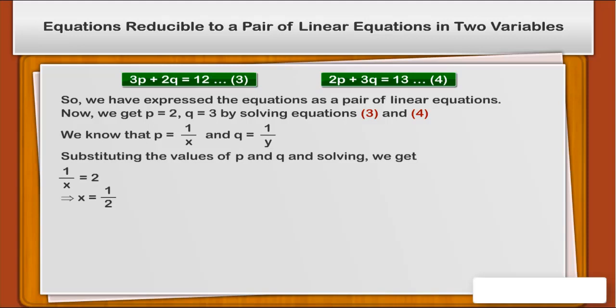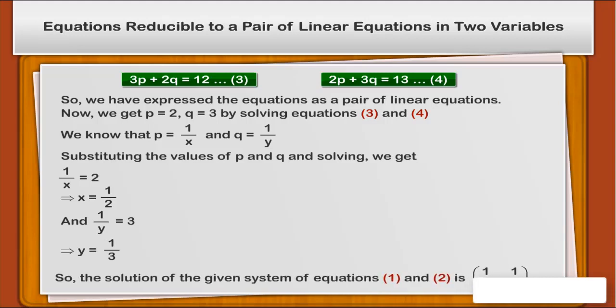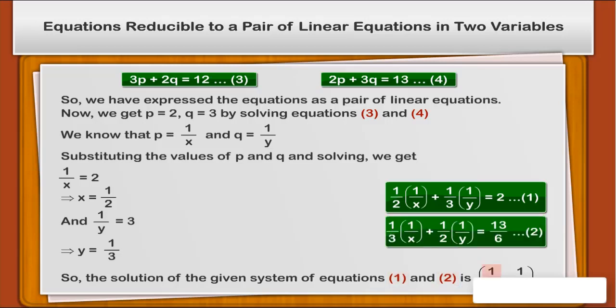This implies x is equal to 1 upon 2. And 1 upon y is equal to 3. This implies that y is equal to 1 upon 3. So the solution of the given system of equations 1 and 2 is (1 upon 2, 1 upon 3).